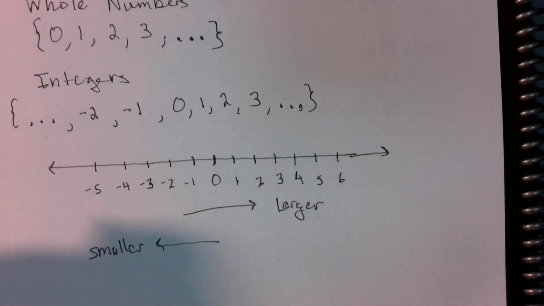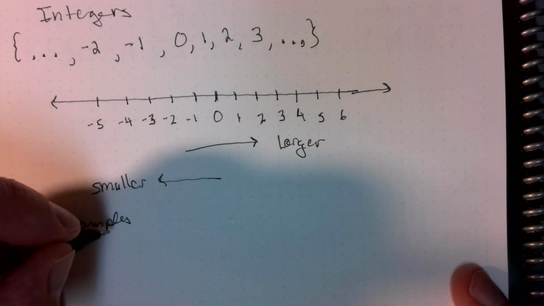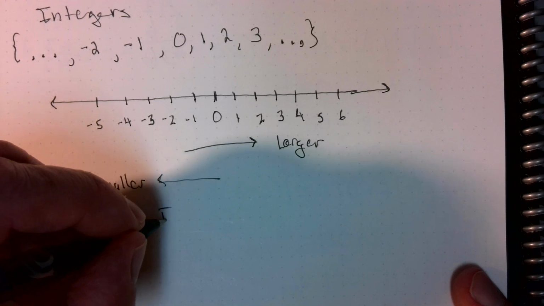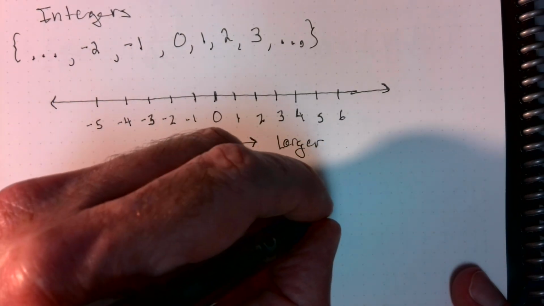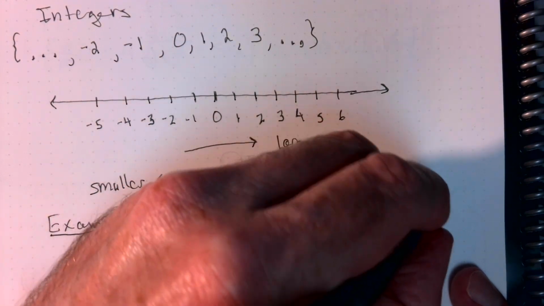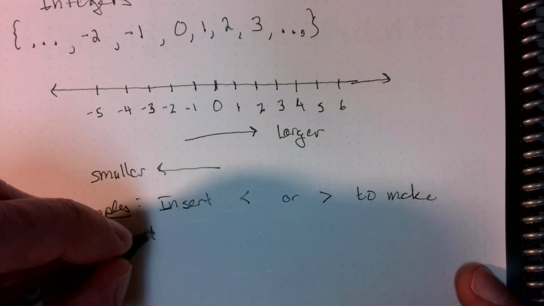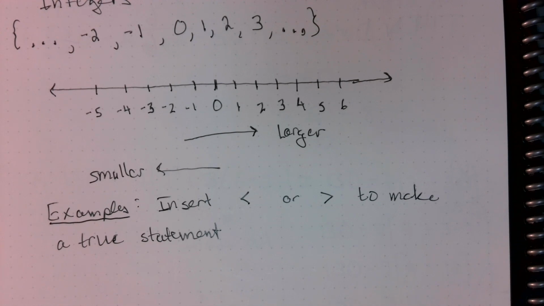So if we were to do some inequalities here with negatives, just to get our feet wet, we will insert either less than or greater than to make a true statement. Let me look at a few here.